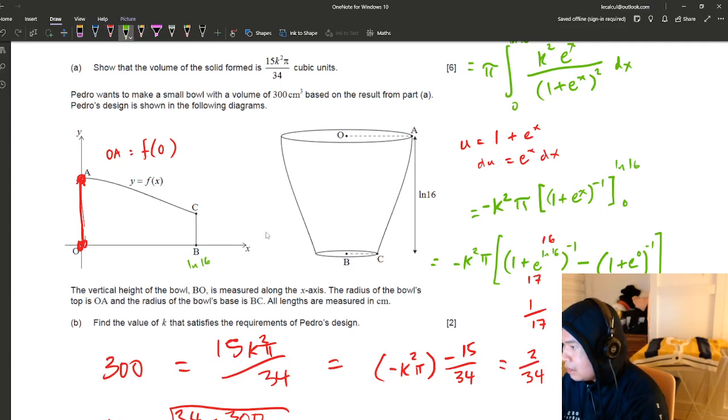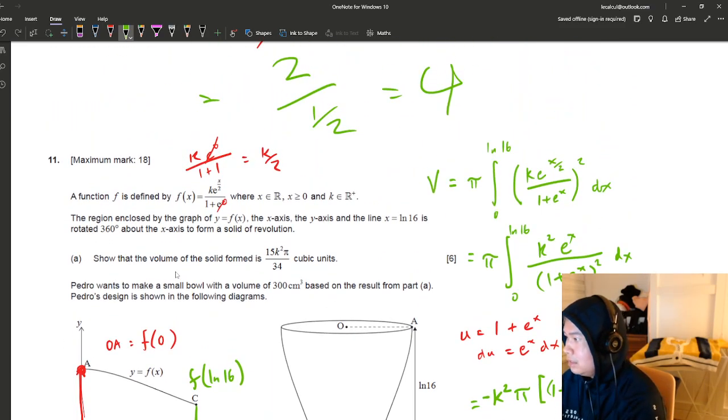And then find BC. Same thing, right? Yeah. So BC is right here. This is your x value. So I need to find out f when you put in natural log 16. Okay. So then I'll have k e to the natural log 16 over 2 over 1 plus e to the natural log 16.